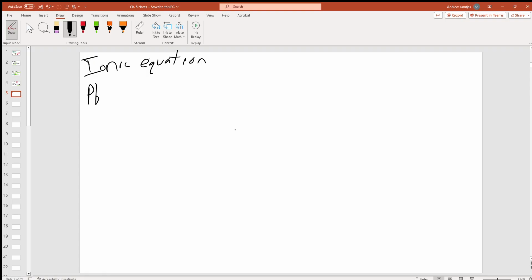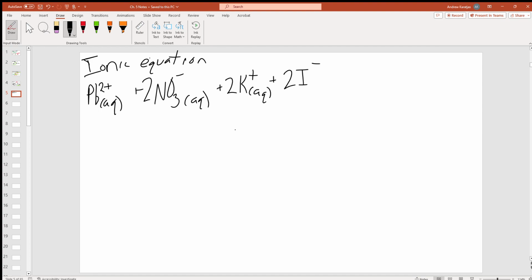So that becomes lead 2 plus aqueous plus 2 nitrate aqueous. Same thing with the potassium iodide. That fully dissociates, so we can separate those ions: 2 K plus aqueous and 2 I minus aqueous. So that's our reactant side.